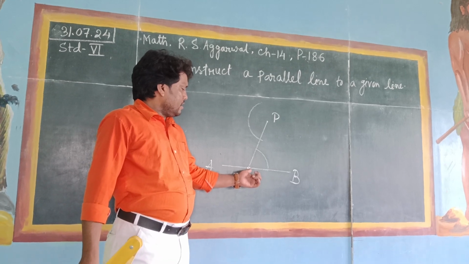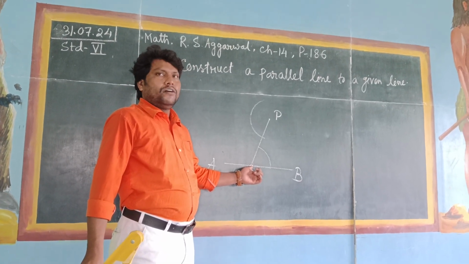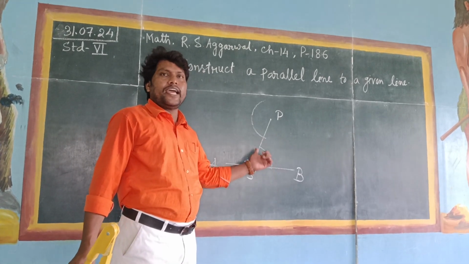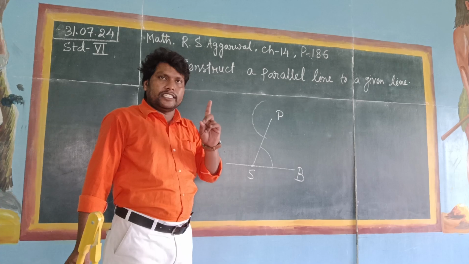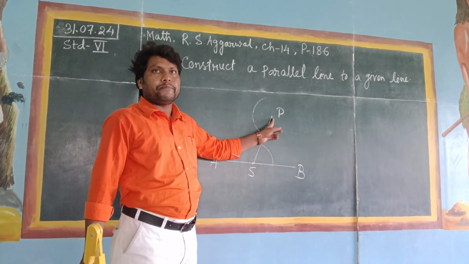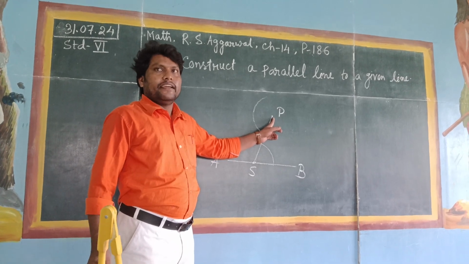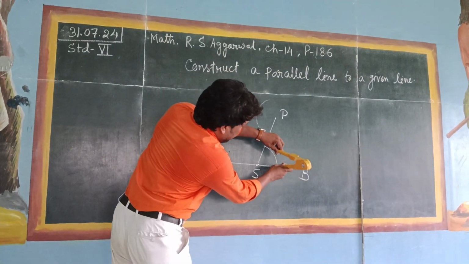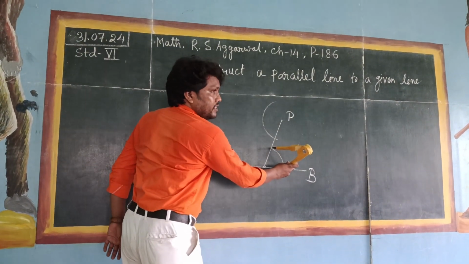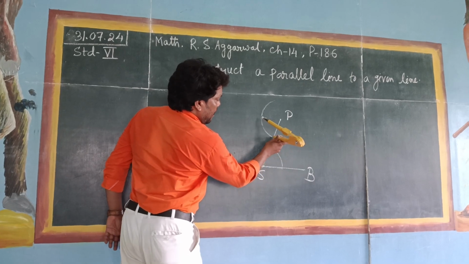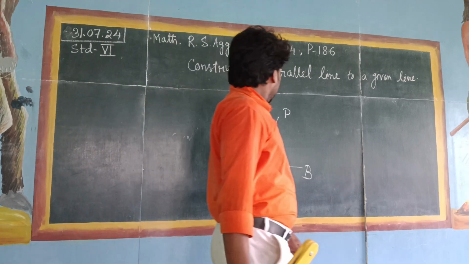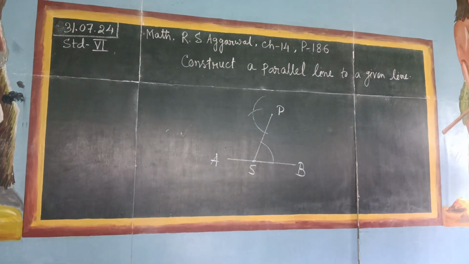At first, place the needle on point S, take a radius and draw an arc. Without changing this measure, also make an arc through the point P. Next, measure this opening part and cut from this point.